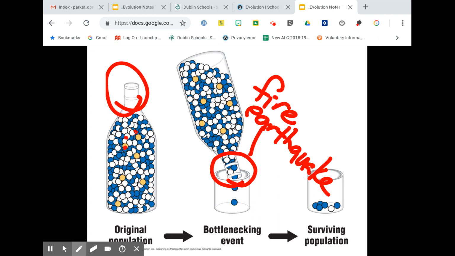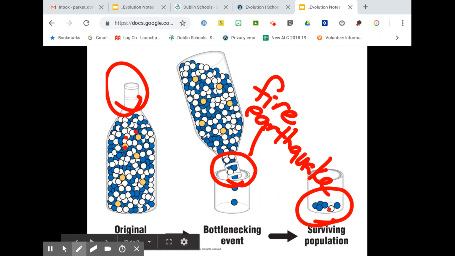After this particular population goes through this bottlenecking event, you can see that the yellow allele has been completely removed from the population, and this poor white one has been reduced to only having one particular allele left. So as a result, the likelihood of ending up with organisms that only have these blue alleles is pretty significant.